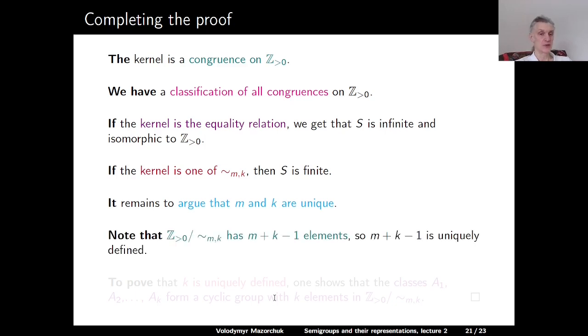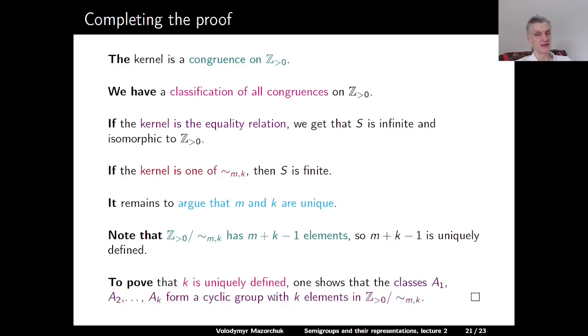So let's note that the quotient of the additive semigroup of all positive integers by tilde m,k has m plus k minus 1 elements. So m plus k minus 1 is uniquely defined as the number of elements in the quotient. And to prove that either m or k is uniquely defined, which would then imply that both are uniquely defined, it is easier to show that k is uniquely defined.